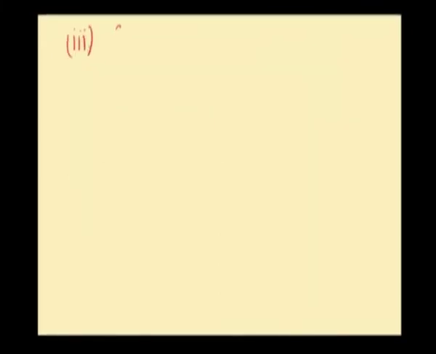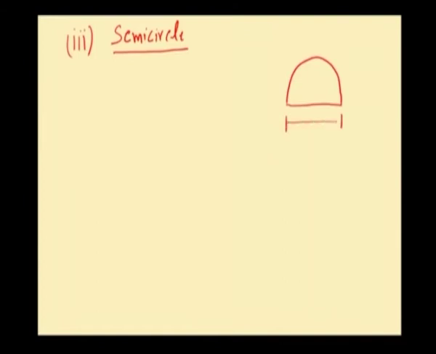Now, let us locate the center of gravity of a semicircle. Now, this semicircle has a diameter of small d. Now, this dot represents the midpoint of the base of the semicircle.